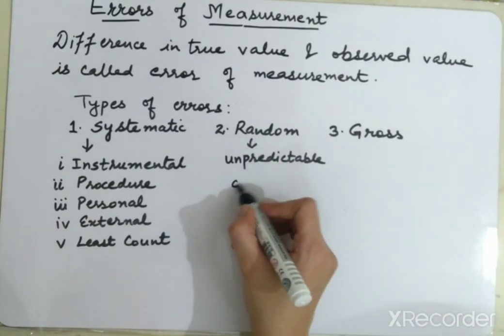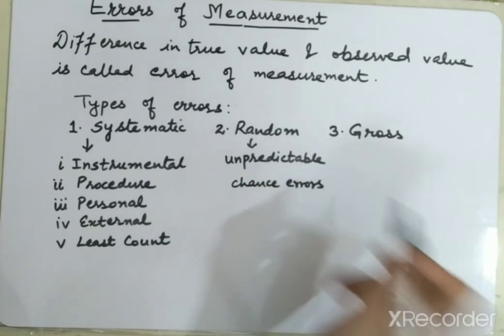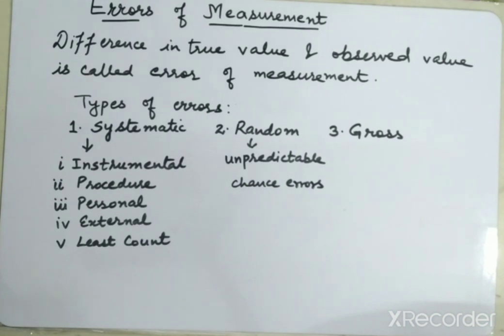Sometimes these are also called chance errors. They can be minimized by repeating the observation a large number of times and taking the arithmetic mean of all the observations so that the mean value is close to the most accurate reading.